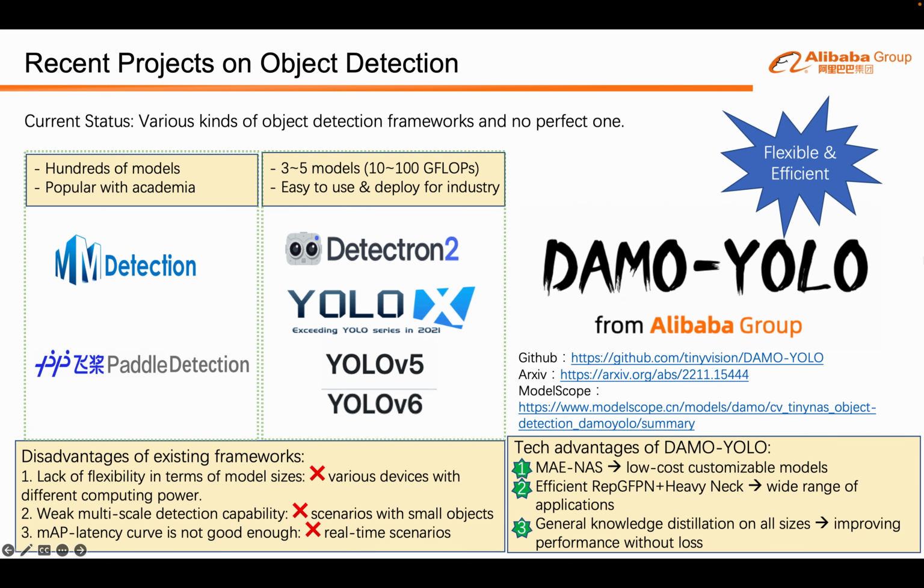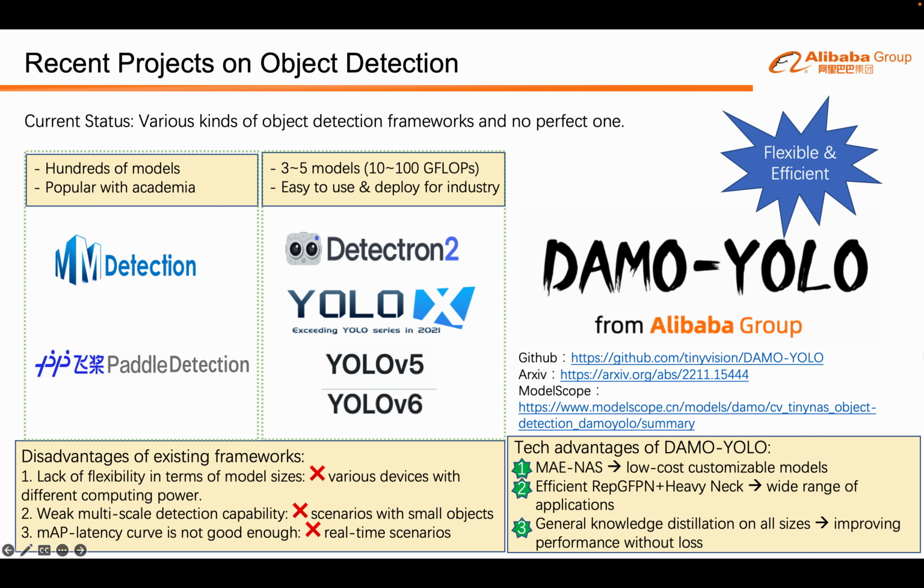For now, there are various kinds of object detection frameworks in public. Here we categorize them into a few types according to their characteristics and users. On the one hand, both MMDet by SenseTime and PaddleDetection by Baidu belong to the large and complete framework. They follow the latest algorithms in academia and contain hundreds of baseline models, so they are more popular with academia.